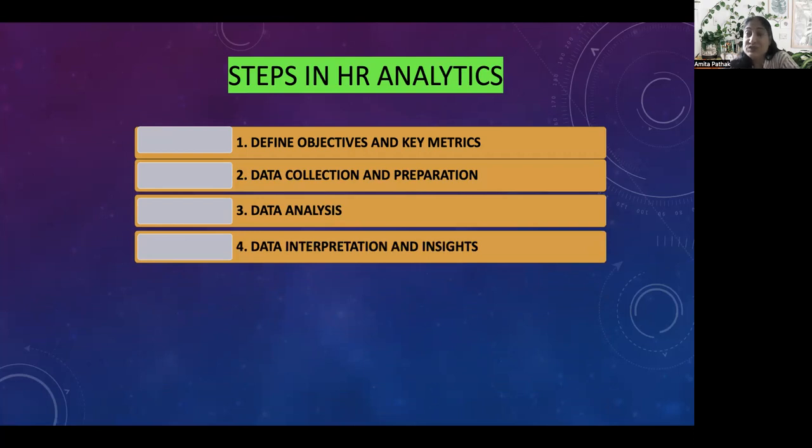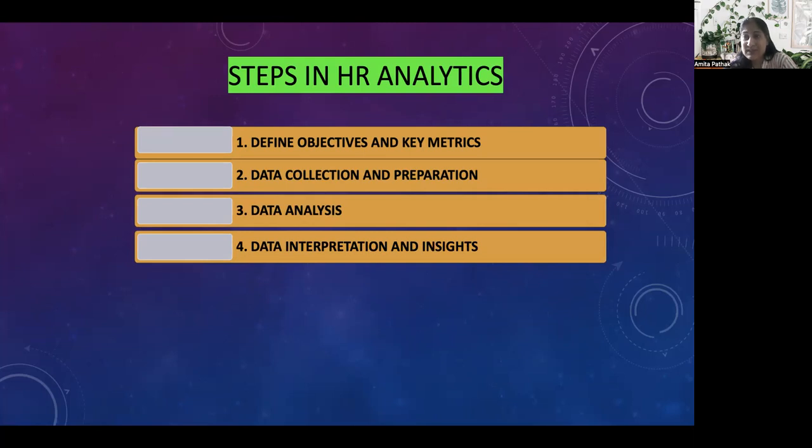Data interpretation and insights. Now I will interpret the data in different forms. Say recruitment, I want to understand what the department recruitment plan is, what the recruitment plan for that region is, how many new hires per month there are.